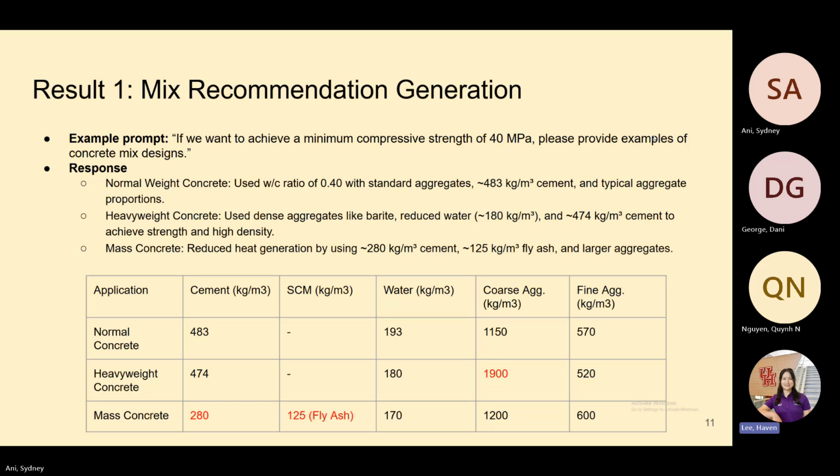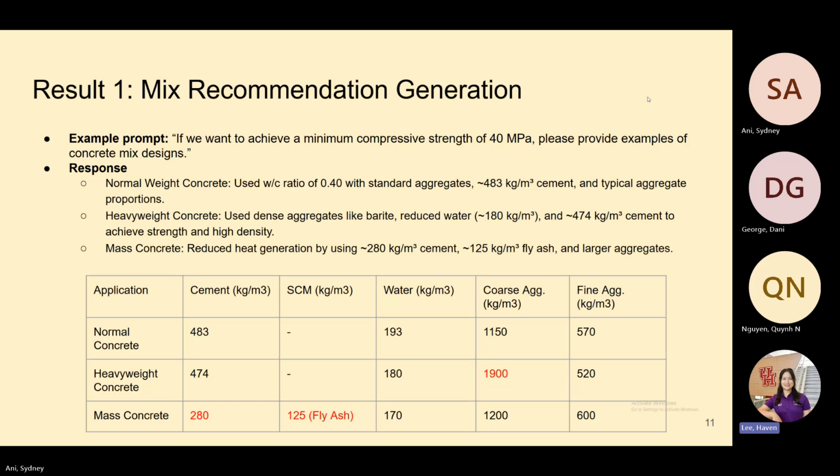For the example result, we asked ChatGPT to generate concrete mix designs to meet a minimum compressive strength of 40 megapascals. ChatGPT provided tailored recommendations for these three applications. It adjusted the water-cement ratio, cement content, and aggregate proportions based on ACI standards.